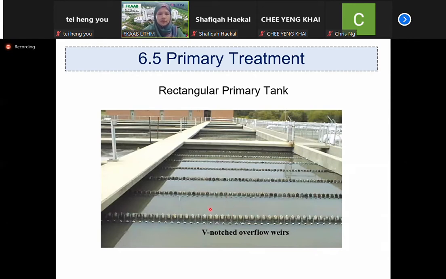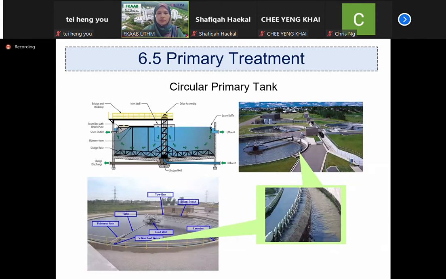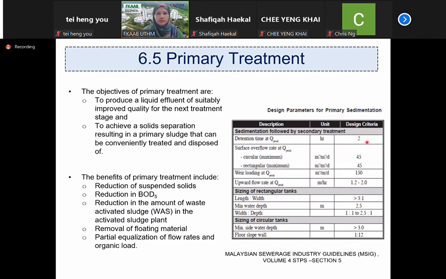Also we have the V notch overflow here, for example. This process is basically to control the water to give full settlement. We encourage the settlement to reduce the pollution, organic matter like this. Detention time, 2 hours.